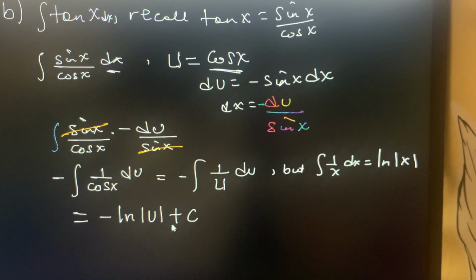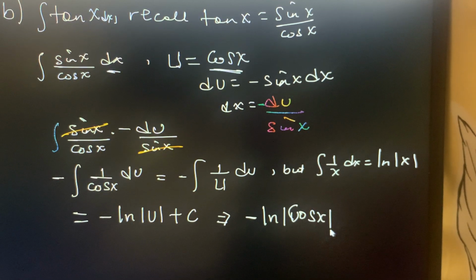So what is u? u is cos x. So this gives me negative of ln of the absolute value of cos x, plus c. Now remember, this is negative in front. I can go further and rewrite it in a different way.